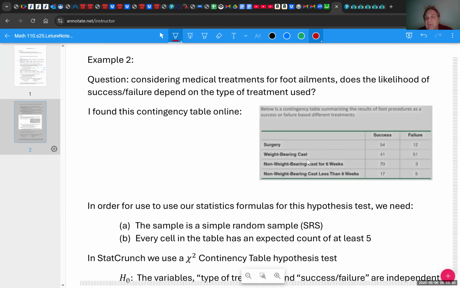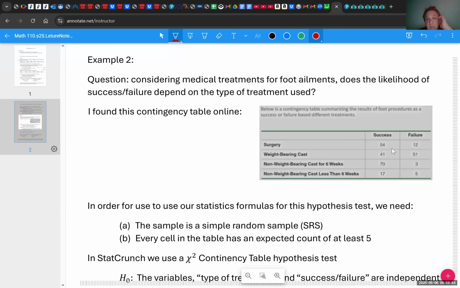The vertical variable is the type of procedure, and the horizontal variable is success or failure. And at each intersection, we could read off the successes for a given procedure or the failures for weight-bearing casts, etc. So that's how a contingency table is organized.